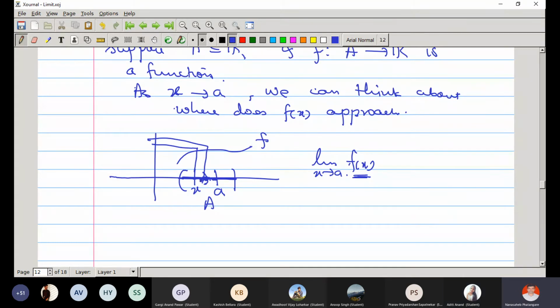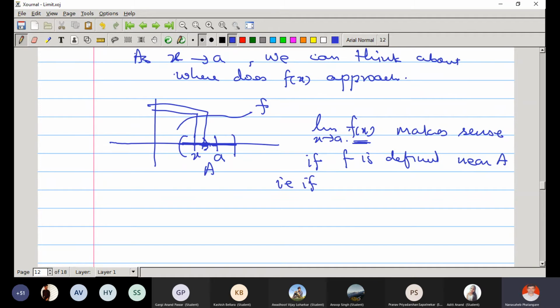So when I say x approaches A, at this instant x is near A. But in that case f of x makes sense only if the function is defined near A. F is defined near A means what?